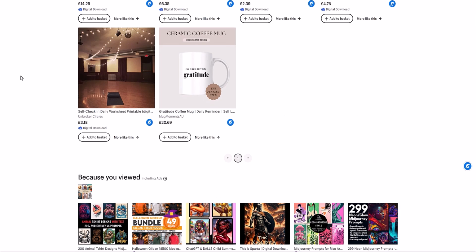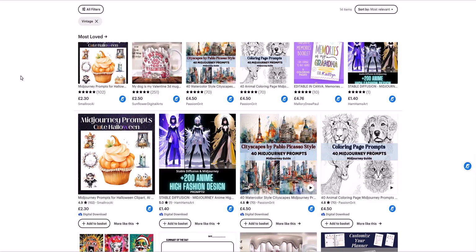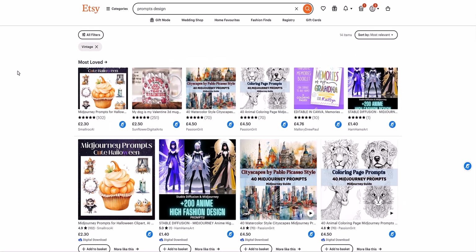But sellers don't get many orders for this query. You mistakenly conclude that such products are not in demand on Etsy. The reason is that you haven't considered the buyer's perspective. You didn't think about how people might search for similar products using more specific queries than just prompts design.